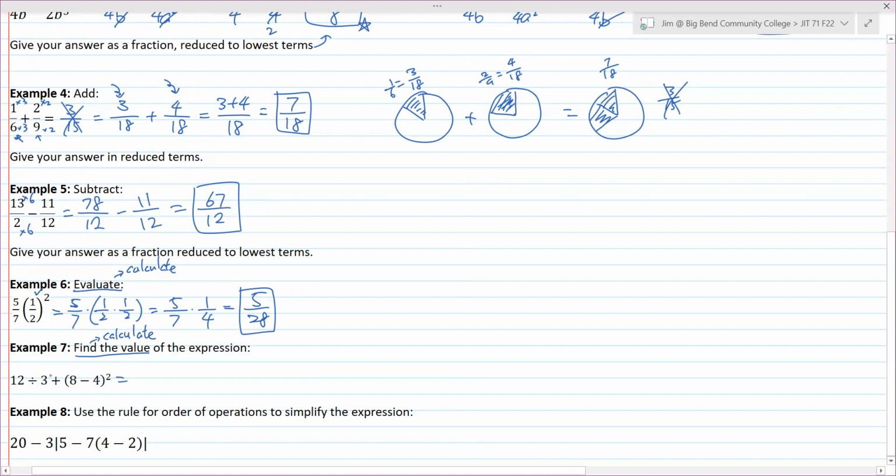All right, so let's see. This is the part for you to pay attention to the order of operations. We have 4 operations: adding, subtracting, multiplying, and dividing, right? So multiplying and dividing come first, and then adding and subtracting come later.